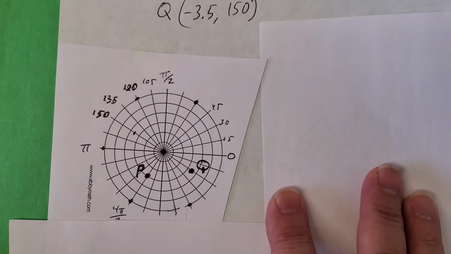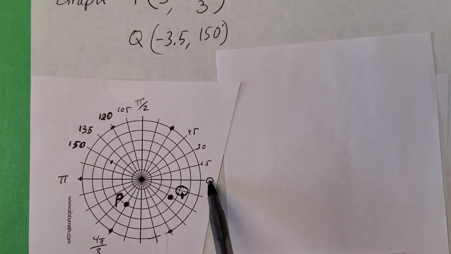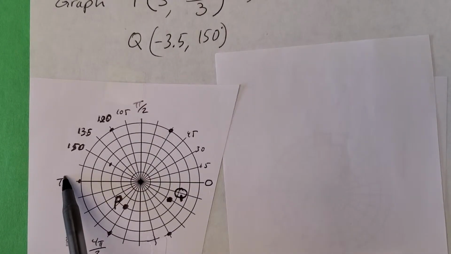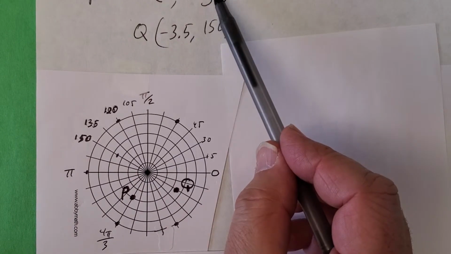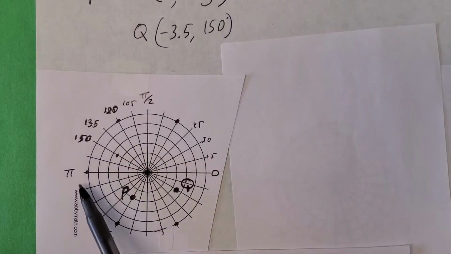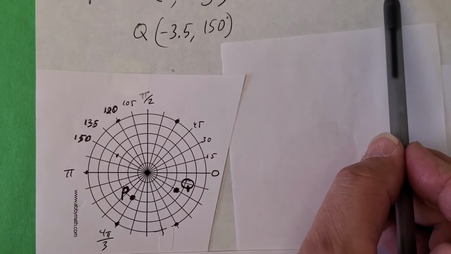Now, do you remember labeling the circle, labeling the angles? 0, pi over 2, pi, right? So I want 4 pi over 3, which comes out to here, okay? But if you like degrees better, then you want 240.